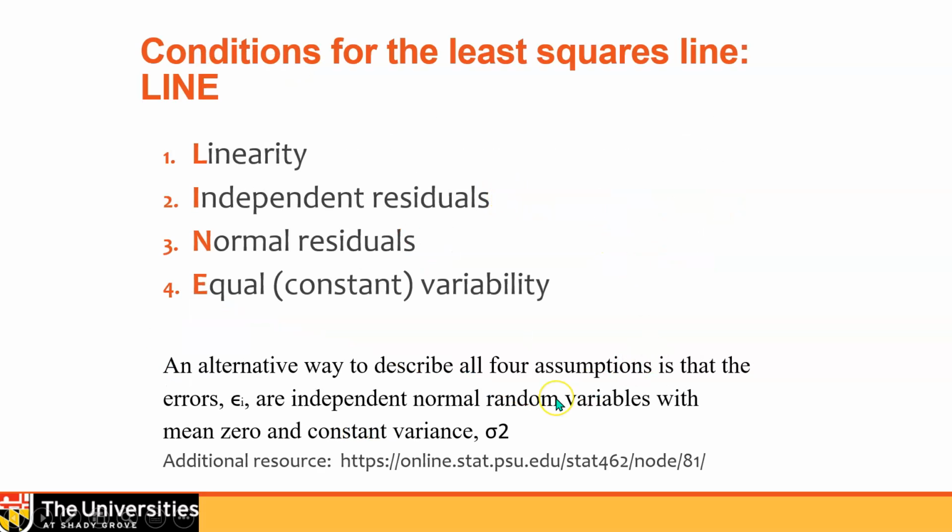So what are the conditions for us to use a least squares line? Here's a nice mnemonic device to figure that out. The 4 key conditions are that there's linearity, that we actually have a linear relationship, or it appears to be linear, that the residuals are independent of each other, that those residuals are normally distributed, and that there's equal variability in the residuals.